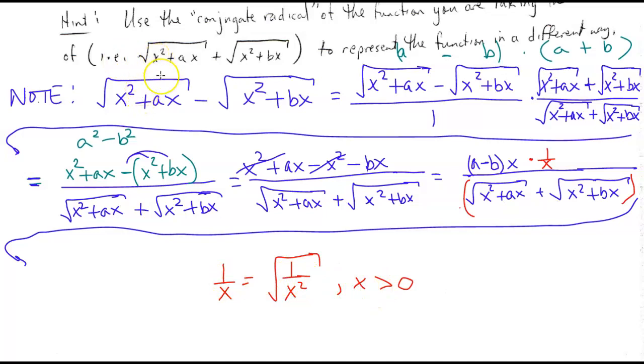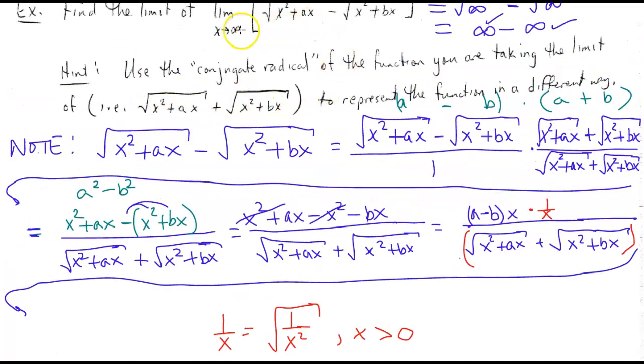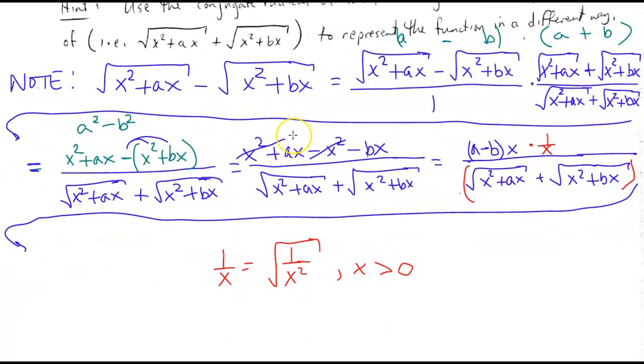And since we're taking the limit here as x approaches infinity, I can assume that the x values that I would be plugging into this function to study its behavior would be positive, okay? So because of that, I'm going to rewrite this as the square root of 1 over x squared, okay? And so by doing that, now I can legally multiply that 1 over x squared times the terms inside of the denominator for both terms in the denominator, okay?